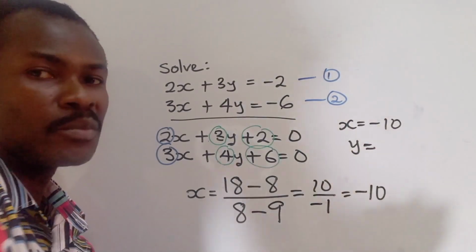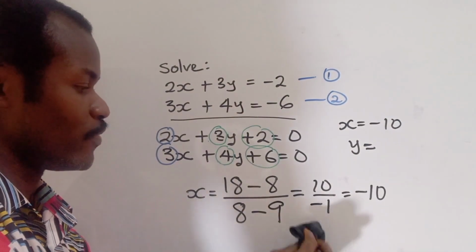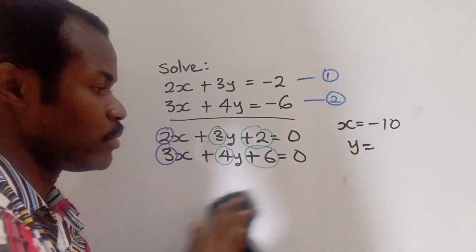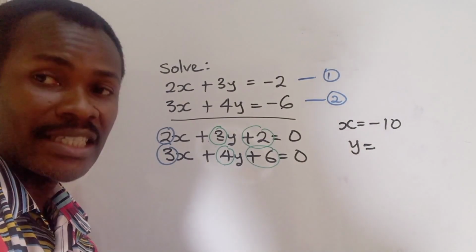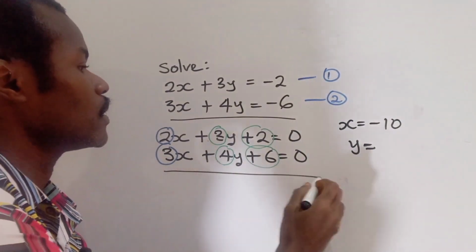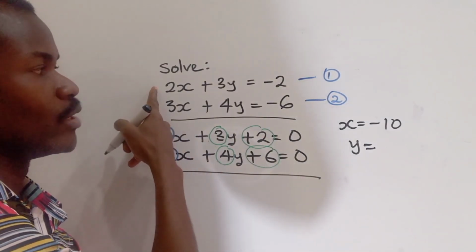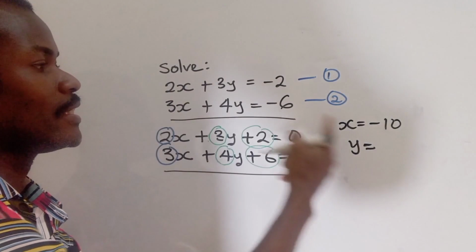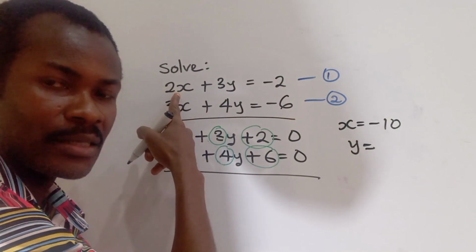Now how do we find y? Now to find y, we can simply use any of the equations. So let's use, okay, this equation 1. So since I have my x as minus 10, I'm going to substitute x as minus 10 here.